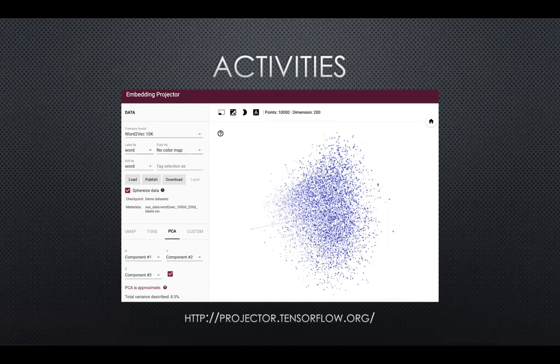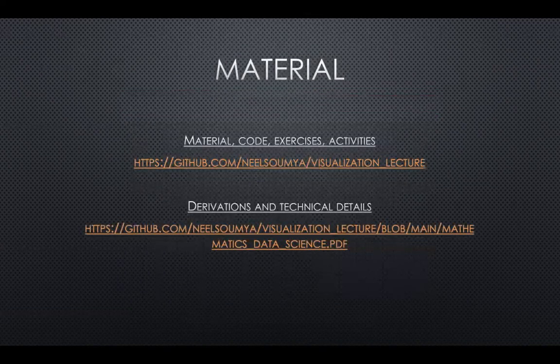And again, this is a free resource. You don't need to do any software installations. You can just go to this particular URL in your browser and play around with all these algorithms. All the material, the code, exercises, and different activities are available in this particular GitHub repository.